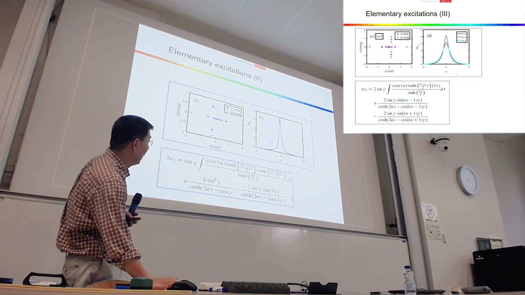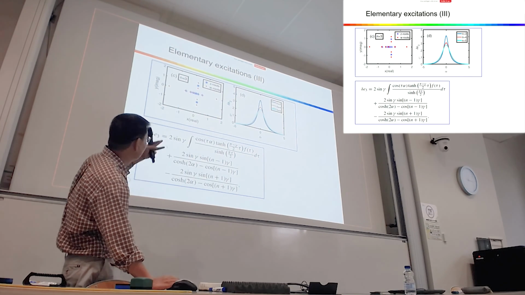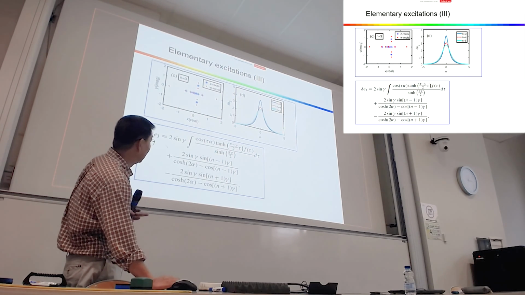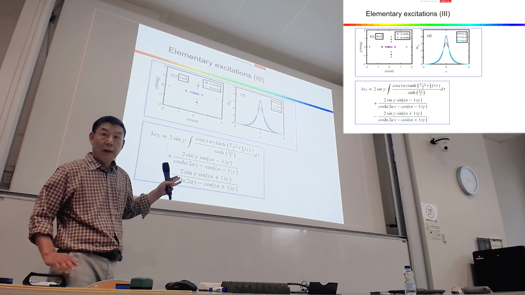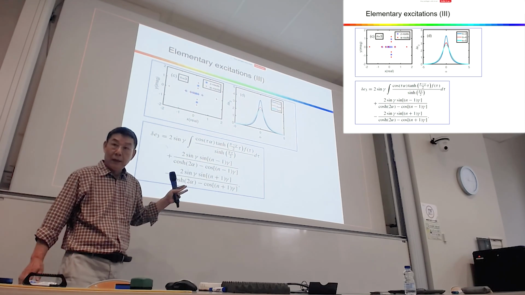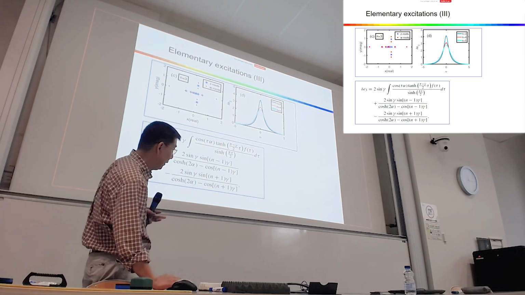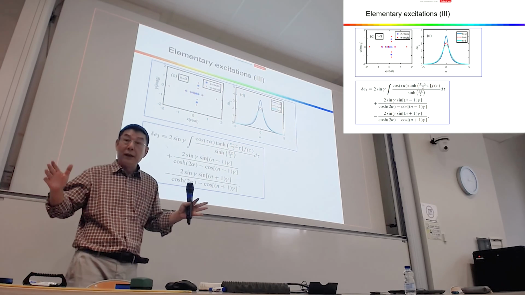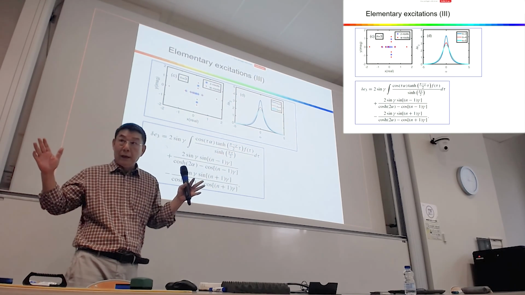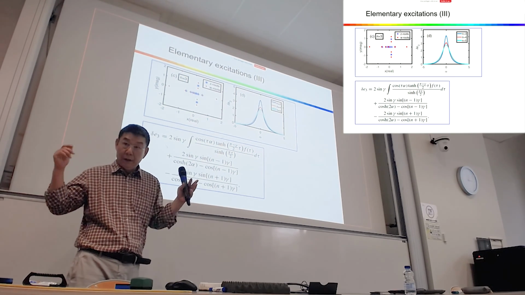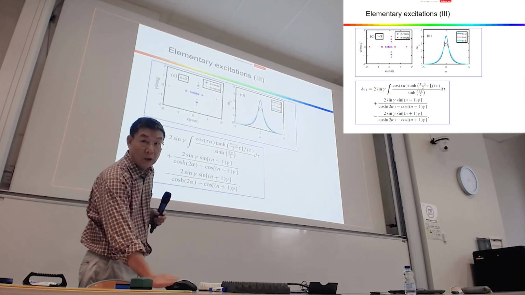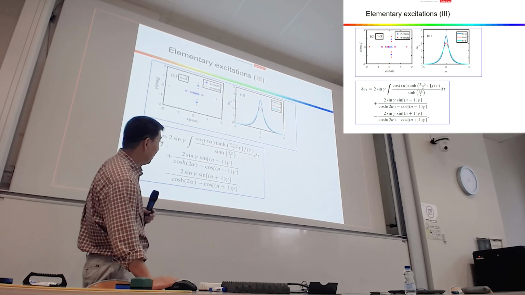We get another solution, and also arbitrarily many conjugate pairs, so we get all the excitation energies. So we can calculate these elementary excitations exactly, of course, in the thermodynamic limit.